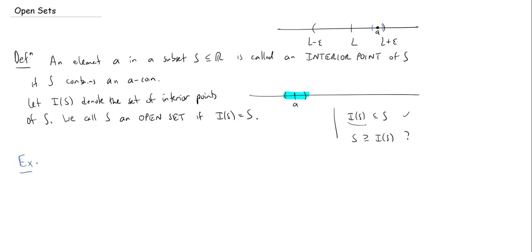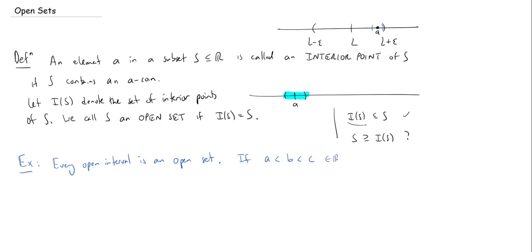So let's do that as an example. Every open interval is an open set. So the argument is, well, let's say we have an interval a to c, and we choose some point b inside that interval.